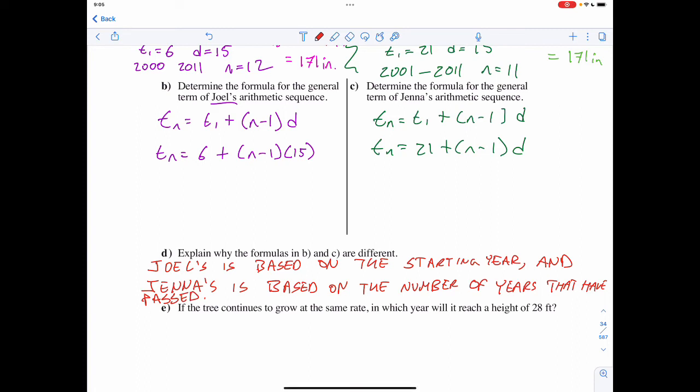Now, both of these work in the same way, but the catch is that what n represents and what Tn represents is different in both cases.